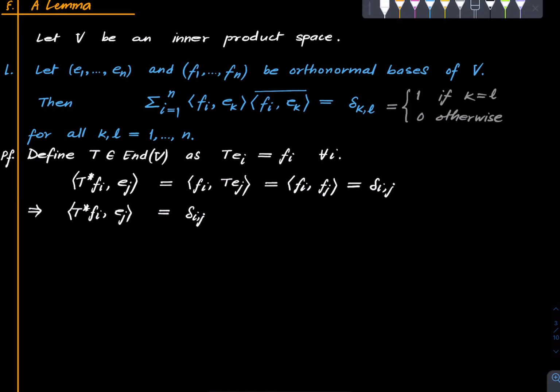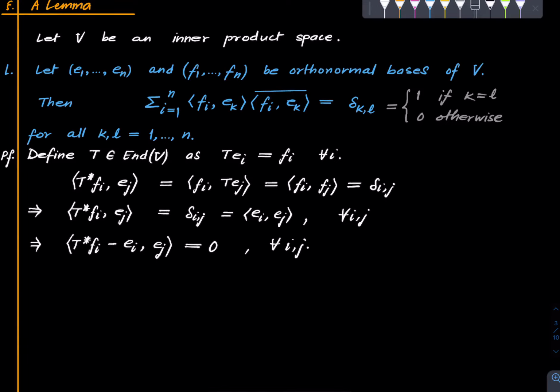But then this is also equal to the inner product of e_i and e_j, which implies this is 0. But this was true for all i and j.